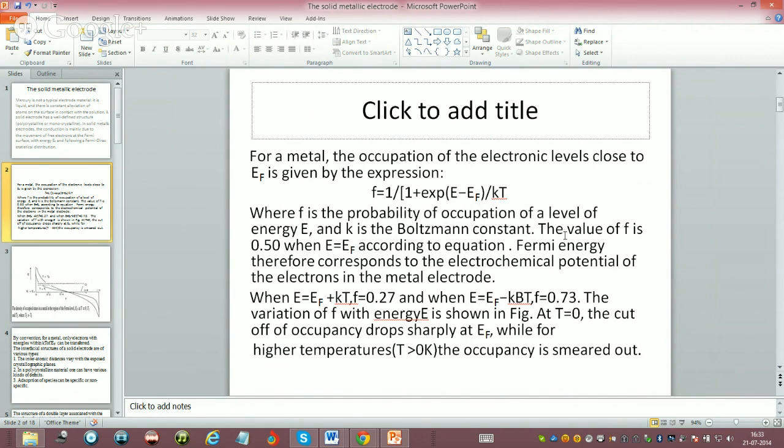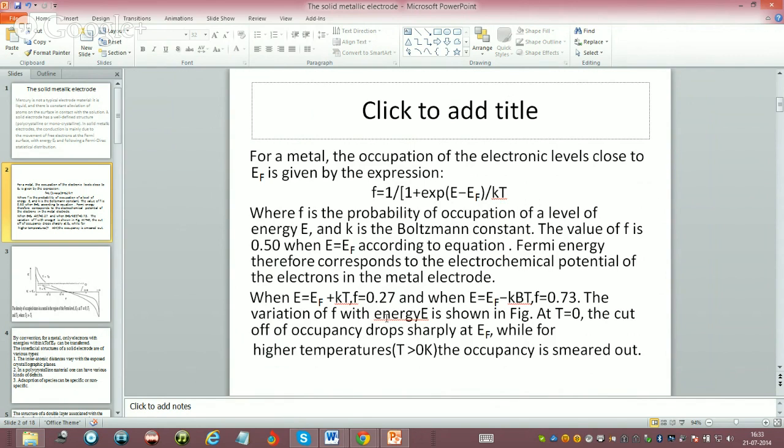The Fermi energy therefore corresponds to the electrochemical potential of the electrons in the metal electrode. When E is equal to EF plus kT, then f will take a value of approximately 0.27, and when E is equal to EF minus kT, f will be equal to 0.73.